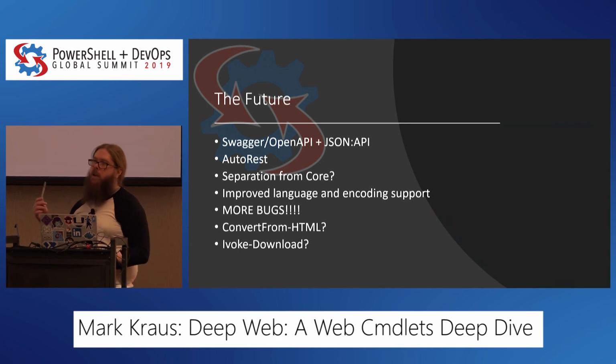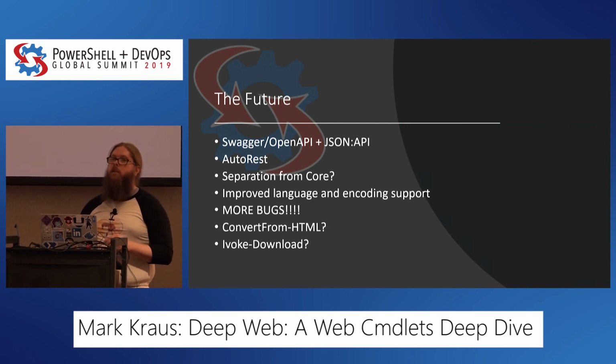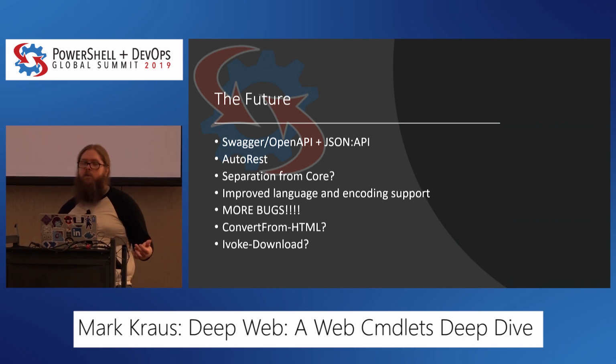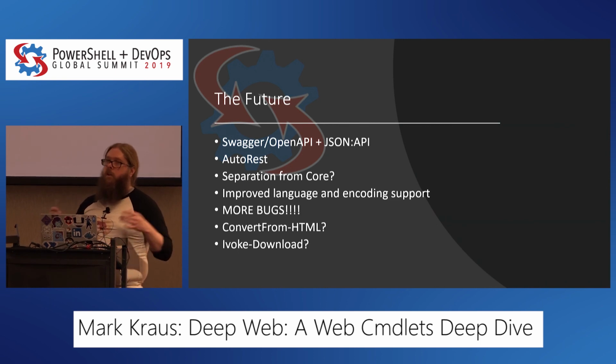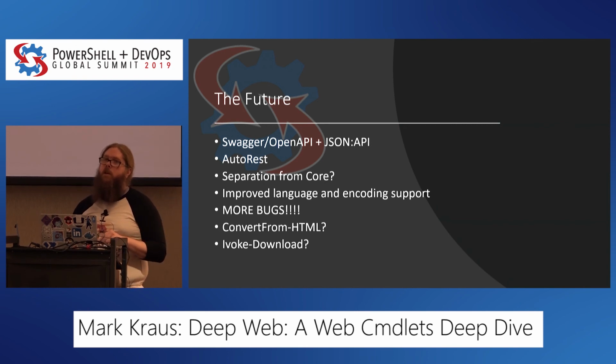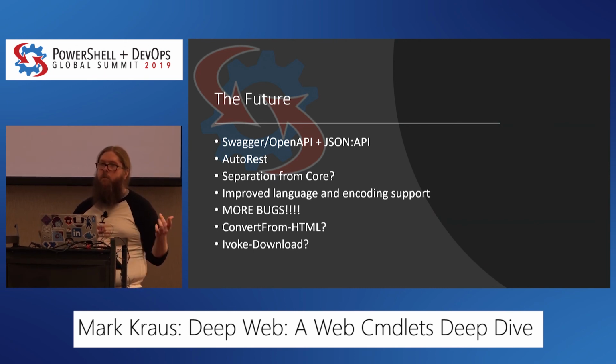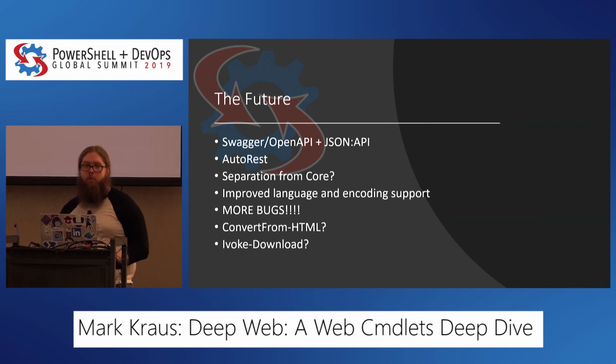So accessibility and inclusion are things that I want to focus on, and it would also be great if others from the community who have the same spirit of wanting to be inclusive come in and help with that effort. We need to create tests for this, and I speak English, so I don't have a lot of experience with some of these foreign languages. It would be great if I could get some people to help with some of the encoding and parsing problems that we have with those.